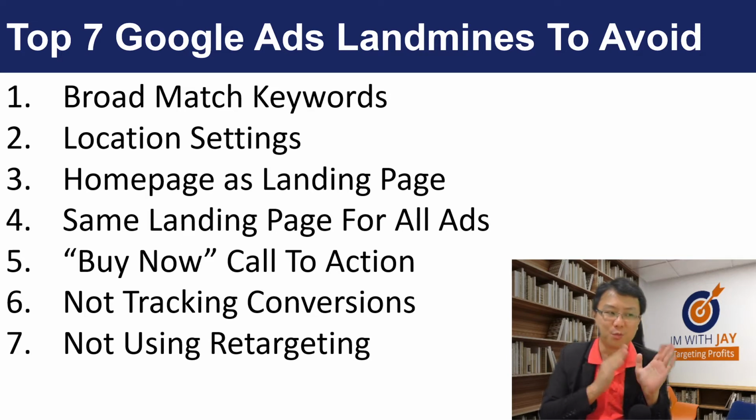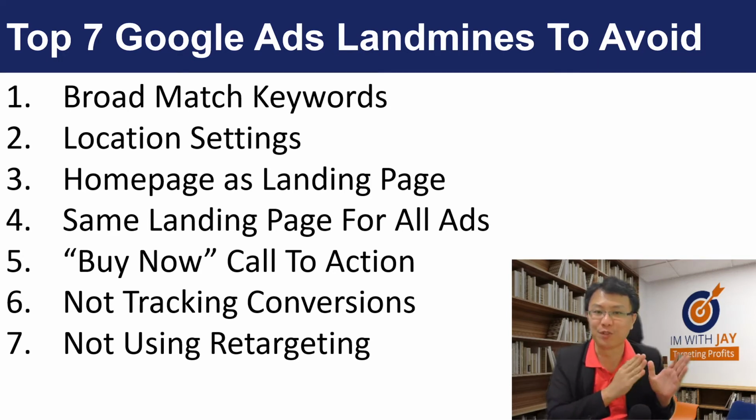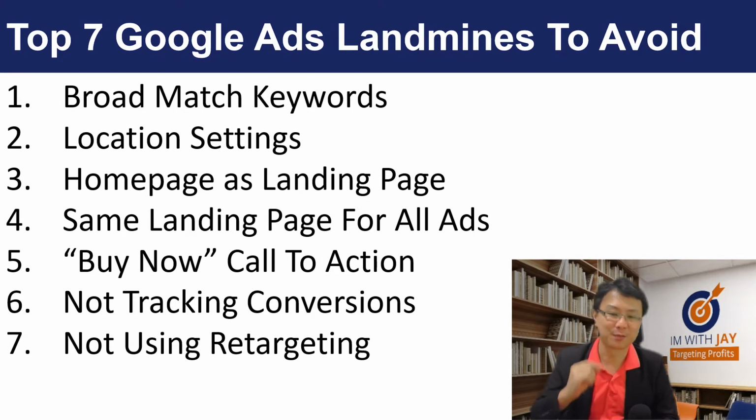So this is why you want to have different landing pages for different types of customers. And how can you pick your customers? You categorize your customers by the keywords they're entering. And this kind of involves how you structure your campaign. And this is a good question you can ask me during our one-on-one meeting. But for now, just avoid using your homepage as your landing page.